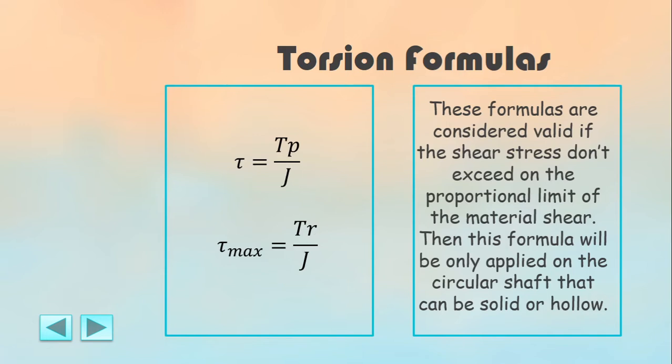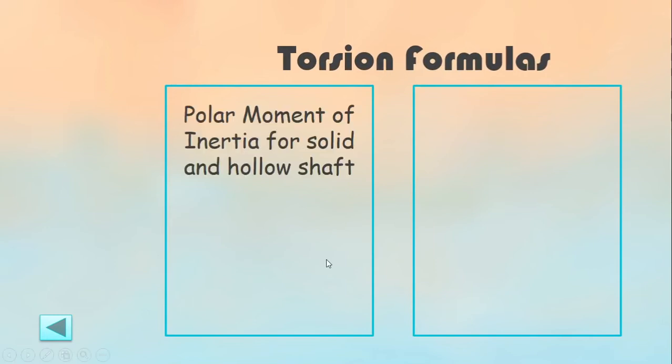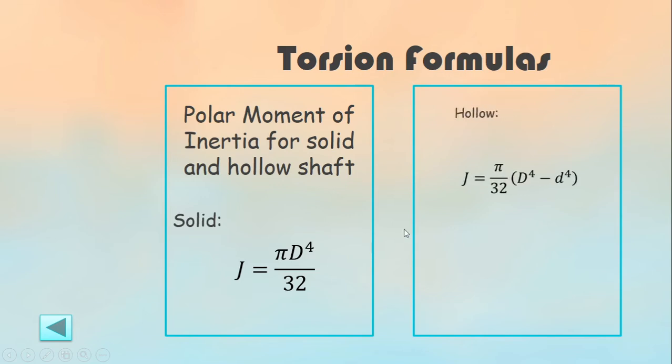Take note that these formulas are considered valid if shear stress doesn't exceed the proportional limit of the material in shear. Then this formula will only apply to a circular shaft that can be solid or hollow. We have polar moment of inertia for solid and hollow shaft.